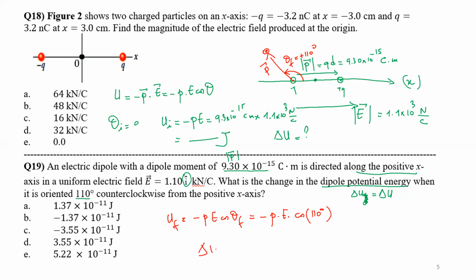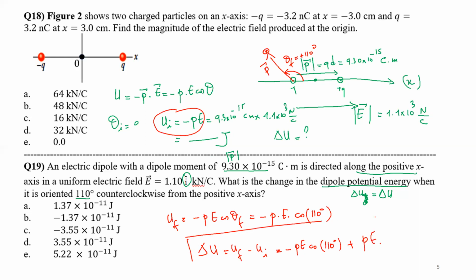So the change in my dipole potential energy is just U final minus U initial. So it will be minus PE cosine 110 minus U initial, and I already calculated U initial here. So minus minus, so it will give me plus, okay, PE basically.